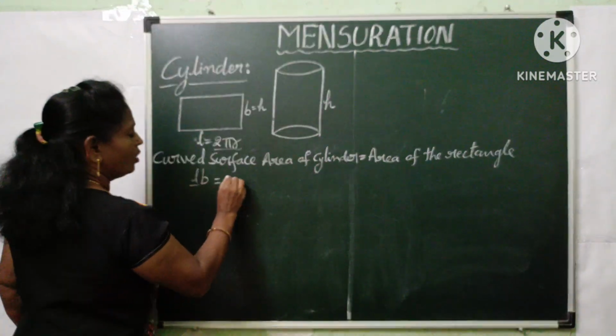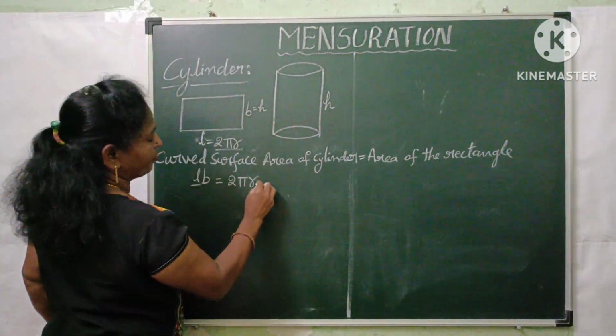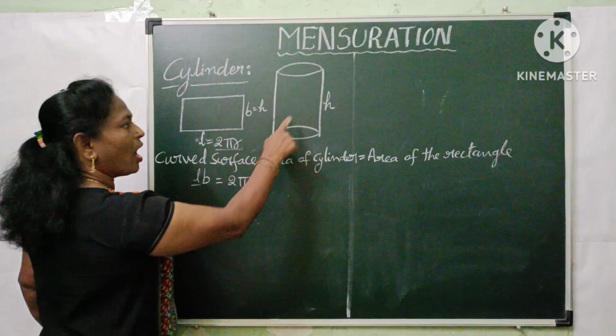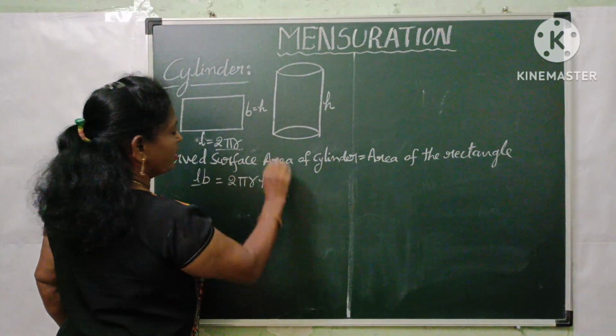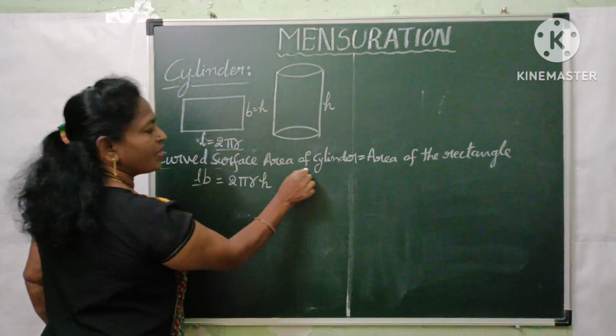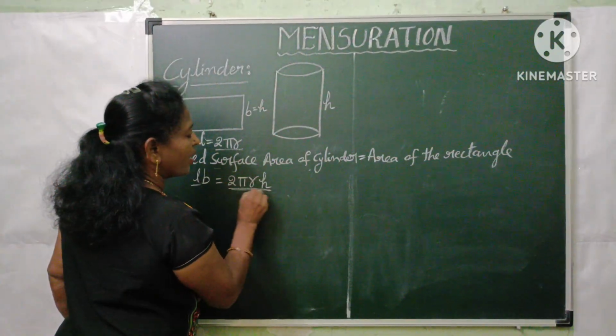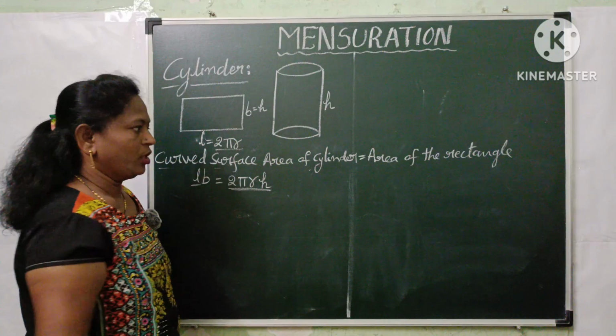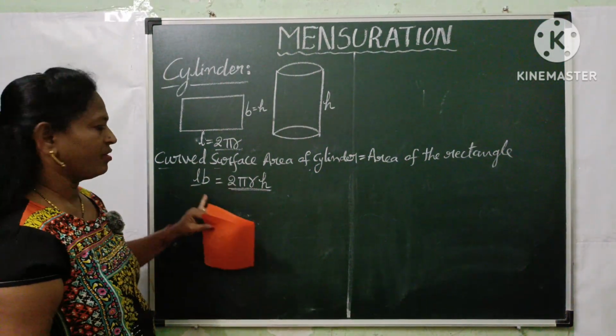Next, what is the breadth? Breadth is the height of the cylinder, meaning h. So the curved surface area of the cylinder is 2 pi r h. This is the curved surface area.